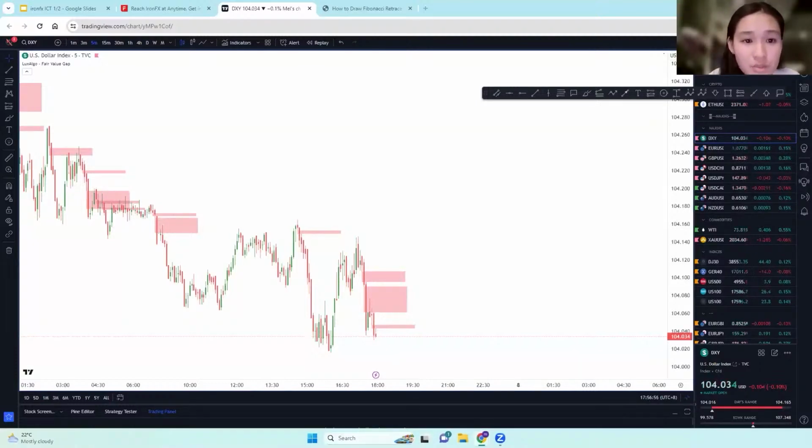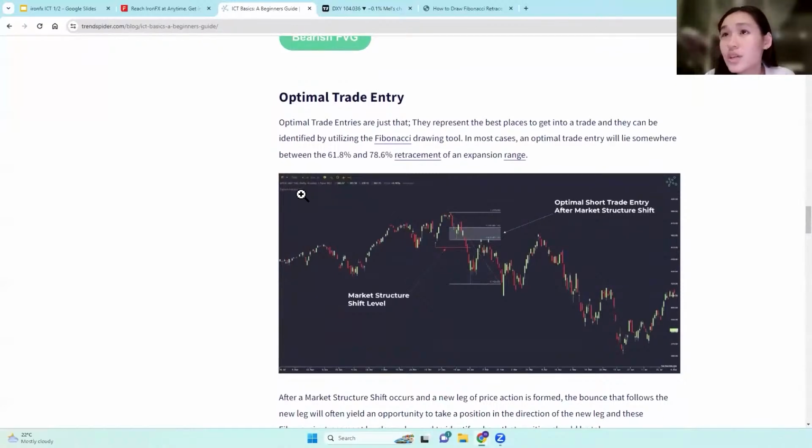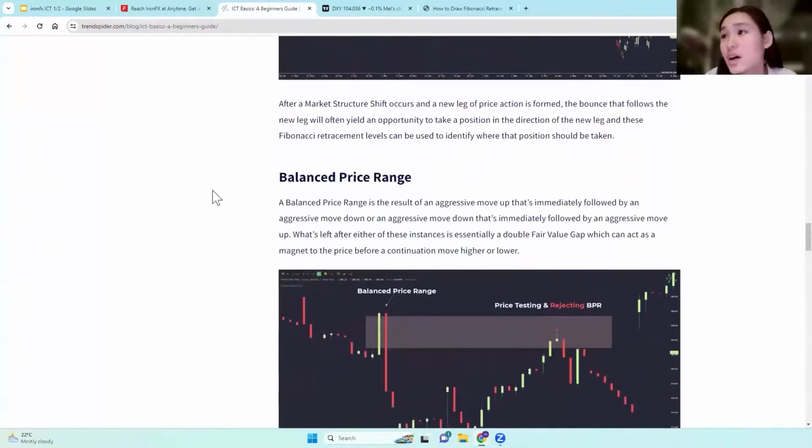So basically what I mean by a double fair value gap, you can look at this website as well.